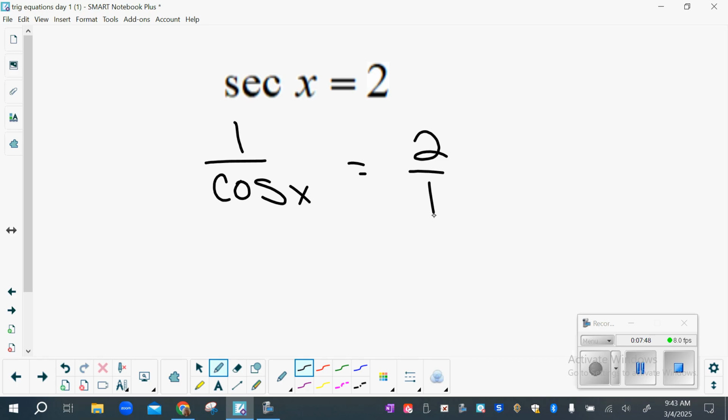So we're going to use what's called the law of proportions. When you have two fractions equal to each other, if you mess with one, you can mess with the other and they're still equivalent. So what I'd like you to do on this one is flip the first one and then flip the second one. That's the law of proportions that lets us do that. Flip this guy and flip this guy.